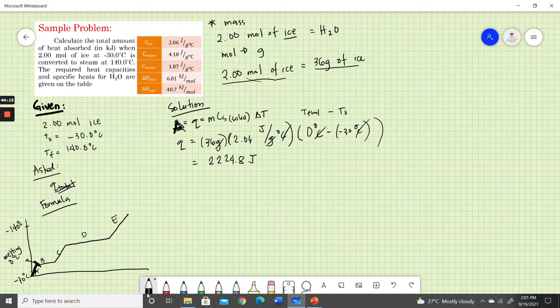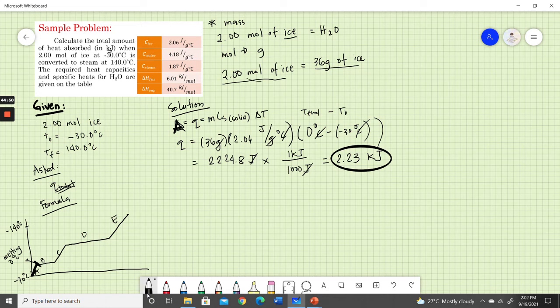Since we are looking for kilojoules, we just have to change these joules to kilojoules. We have 1 kilojoule per 1000 joules, because 1 kilojoule is equal to 1000 joules. Joules cancel, so we basically have 2.23 kilojoules of heat for A.